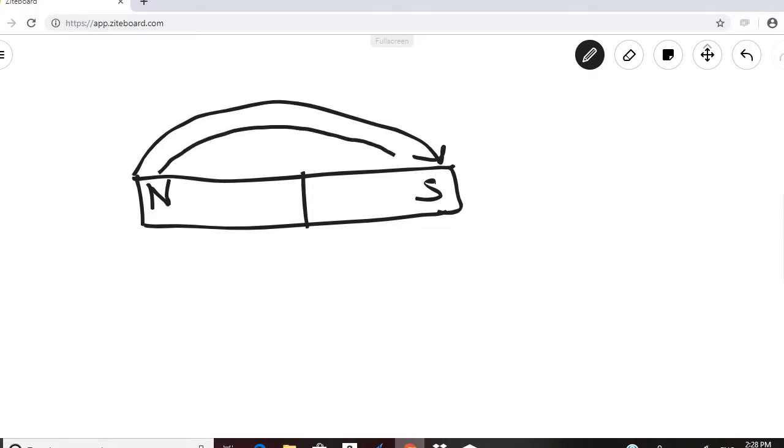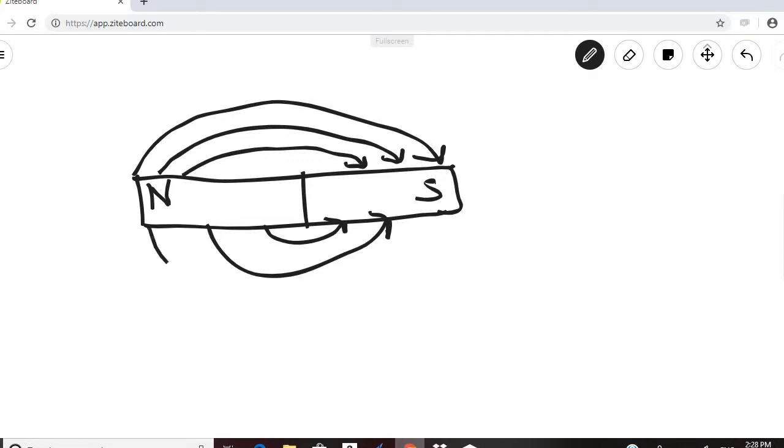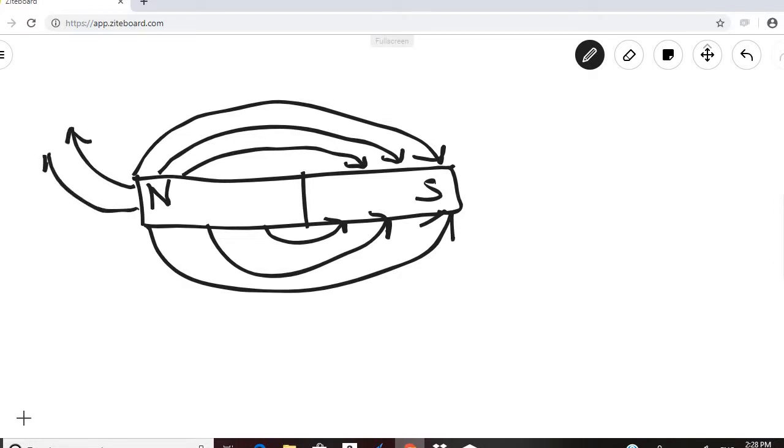We don't have to show all of them going all the way over, but these that are coming out of the north will go into the south.